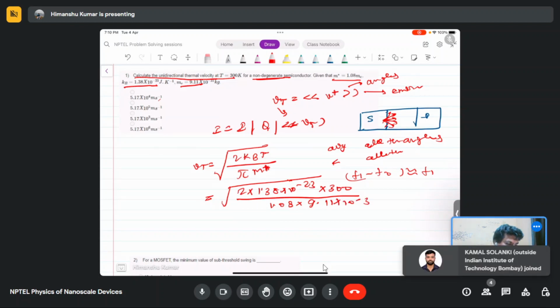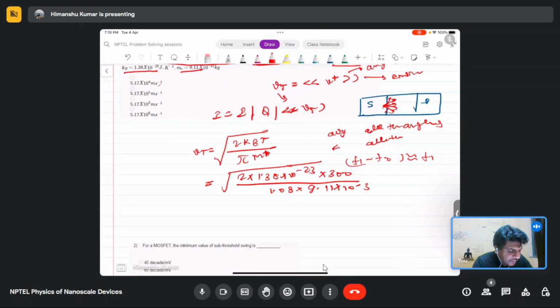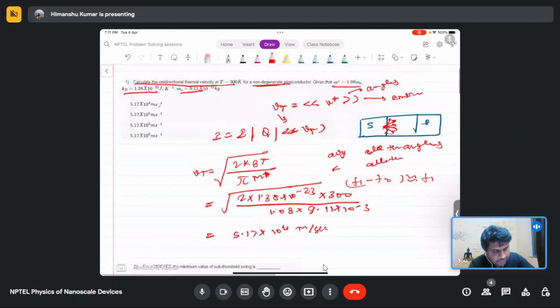If we simplify this, we get the unidirectional thermal velocity as 5.17 times 10 to the power 4 meters per second. So the correct answer will be the first one.